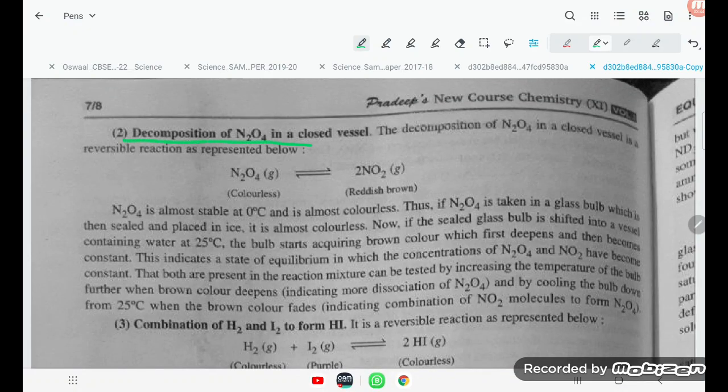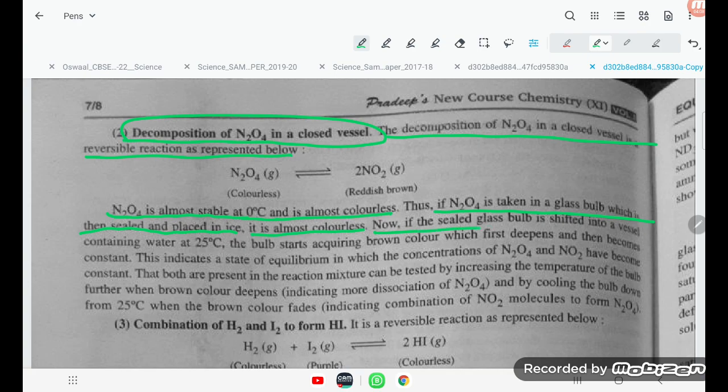Next one, decomposition of N2O4 in a closed vessel. The decomposition of N2O4 in a closed vessel is a reversible reaction. N2O4 is almost stable at 0 degrees Celsius and is almost colorless. Thus, if N2O4 is taken in a glass bulb, which is then sealed and placed in ice, it is almost colorless.